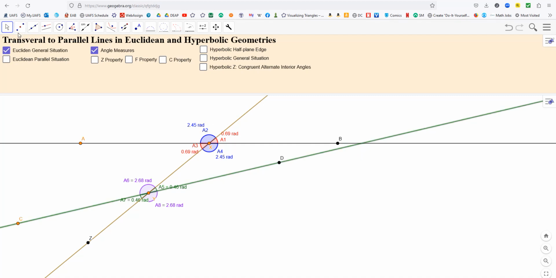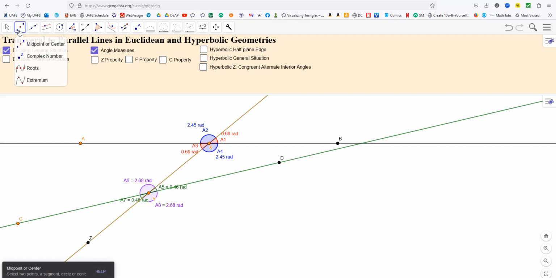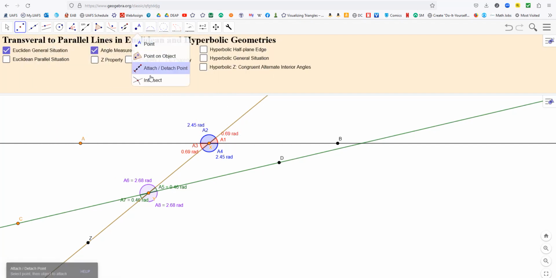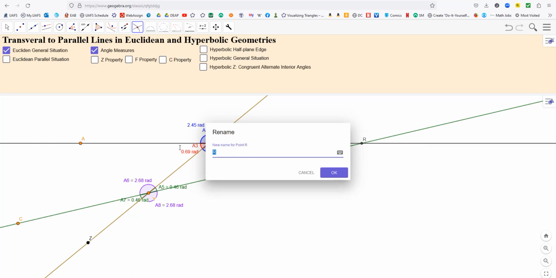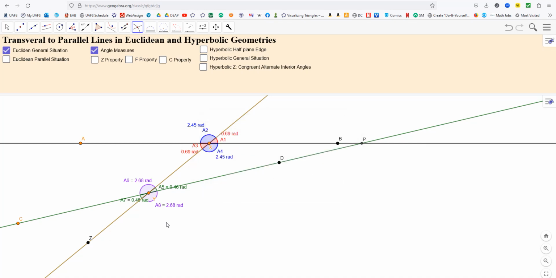Let's go ahead and find that point of intersection, and let's call it P. Okay, now we're assuming, which is not true in this picture, because we can't draw it that way, it's impossible, that the alternate interiors A3 and A5 are congruent.